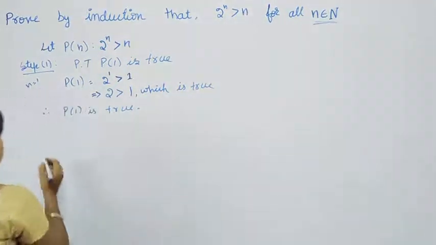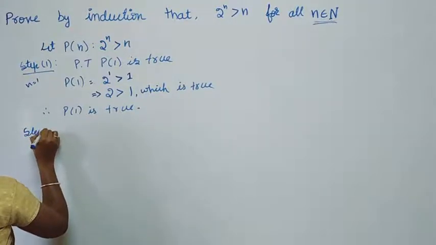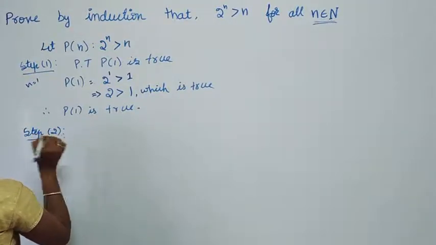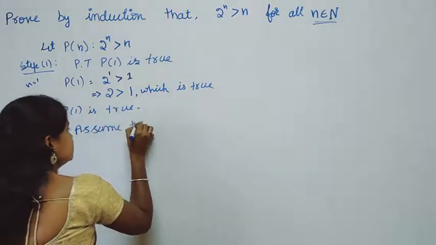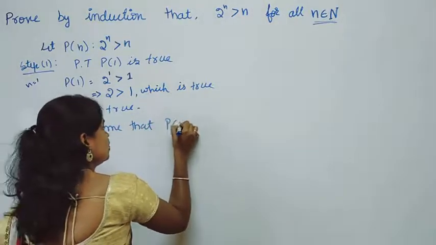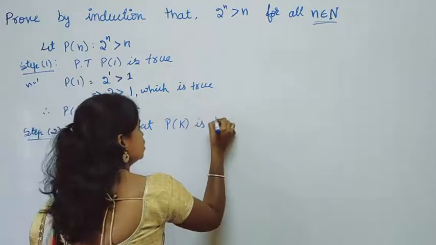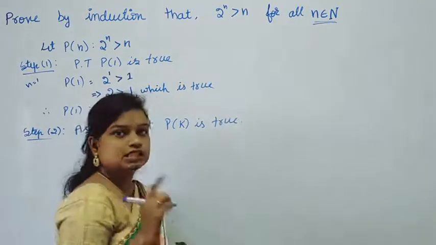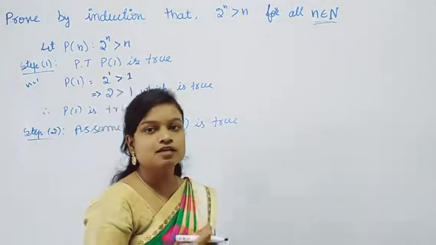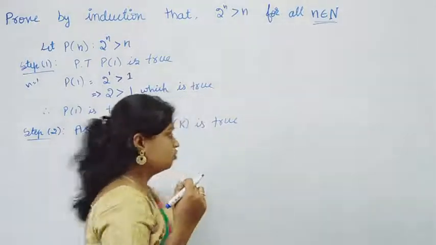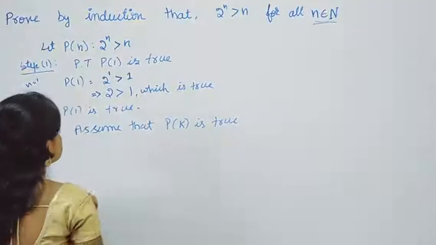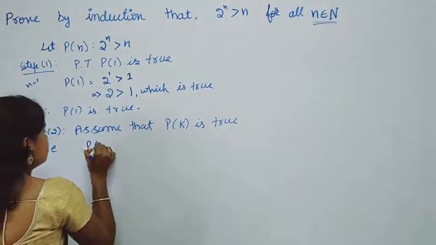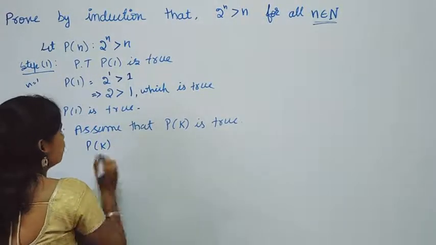So we move on to step 2. Step 2 is: assume that P of k is true. If P of k is true, then what does the statement become?